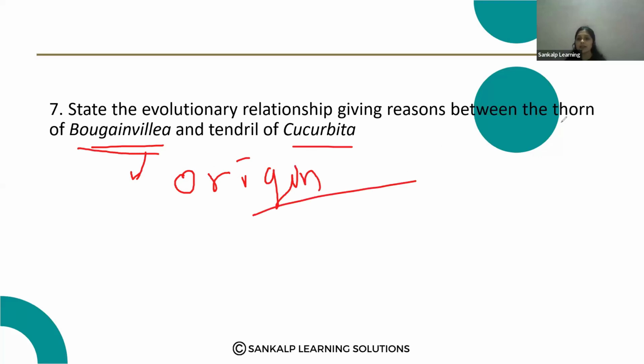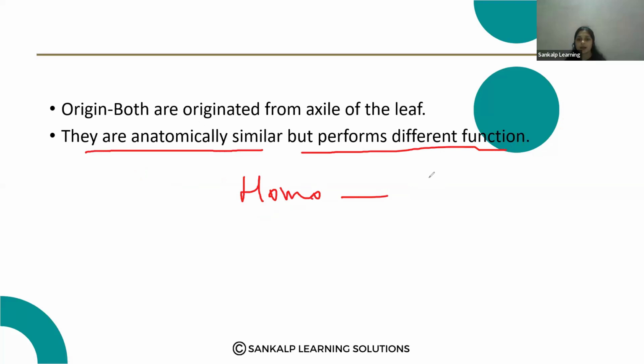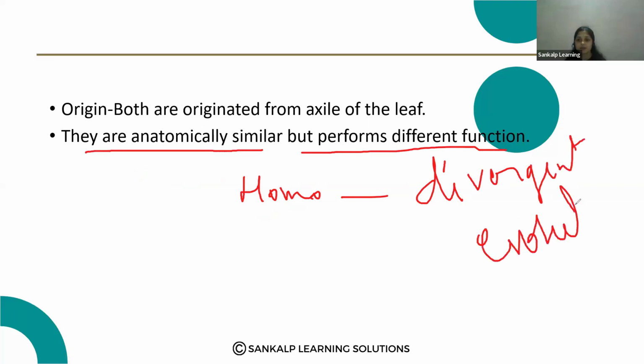Thorns of bougainvillea are used for protection, but tendrils of cucurbita are used for support. Both originate from the axil of the leaf, and they are anatomically similar but perform different functions. So they are called homologous organs, and they show divergent evolution.